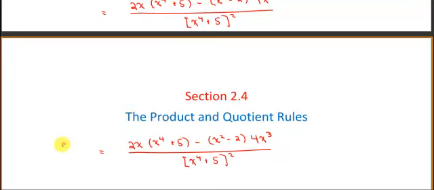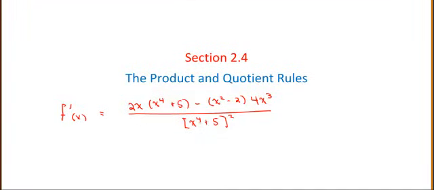All right, so recall we're finding f prime of x, and it's given by this expression. We'll remove grouping symbols and combine like terms in the numerator. So remember to distribute: 2x times x to the fourth is 2x to the fifth. 2x times 5 is 10x.